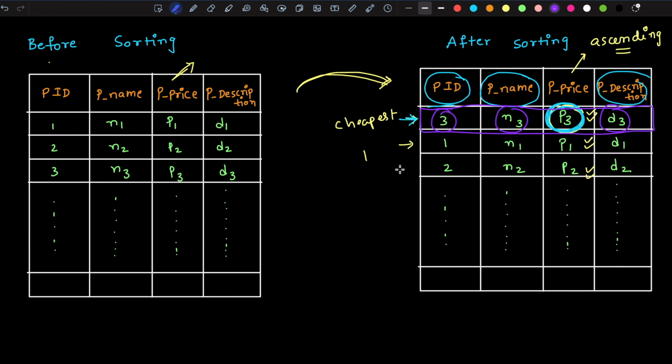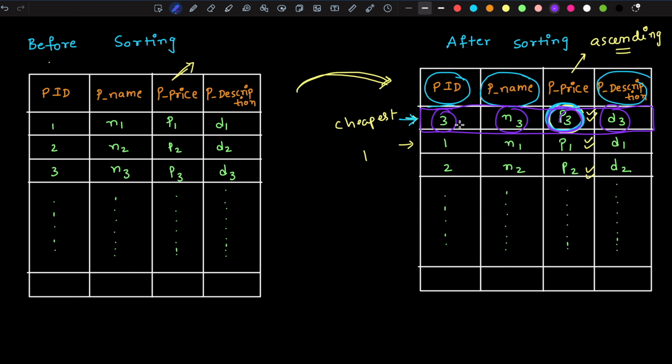This is exactly why understanding the concept of key and satellite data is so important before learning any sorting algorithm. Even though I'm comparing only the prices and I know P3 is the smallest one, when I move P3 to the first position, I also move all of its satellite data along with it.